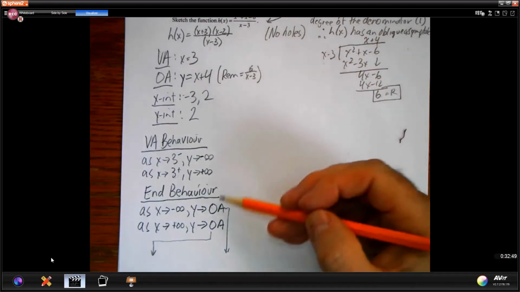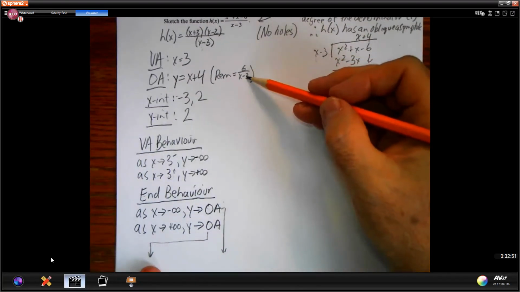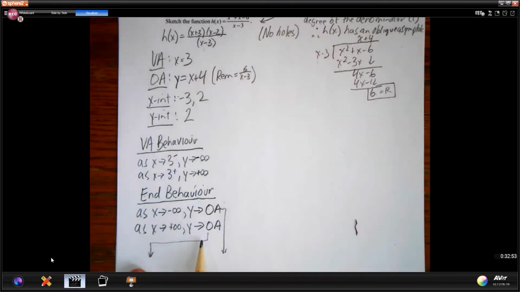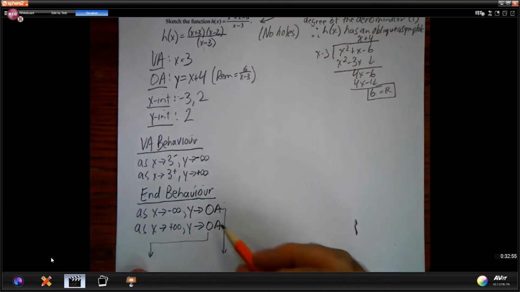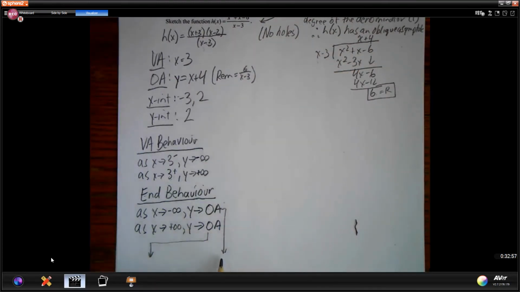So all I do is I plug in a value for the remainder. Let's do this one first. If we're going towards negative infinity, we're going to approximate using, say, negative 100.